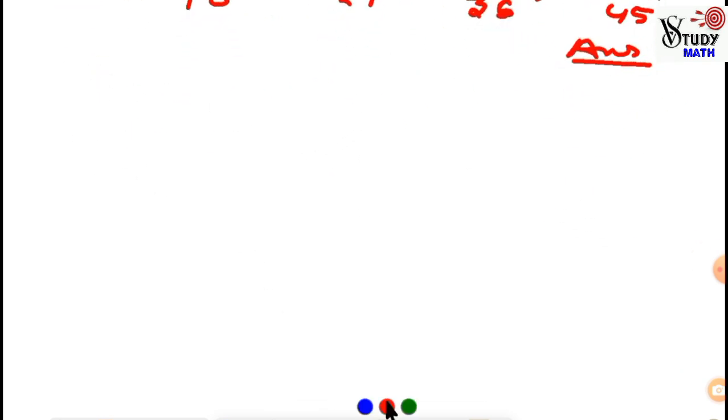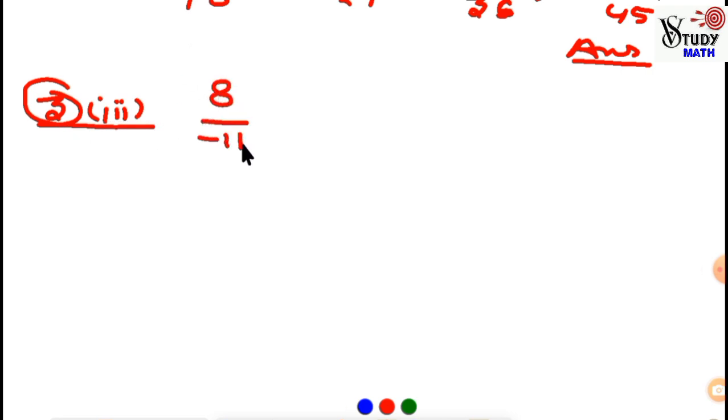Next problem, question number 3 part 3, and this problem is 8 upon negative 11. So my dear students, what do we do here first?